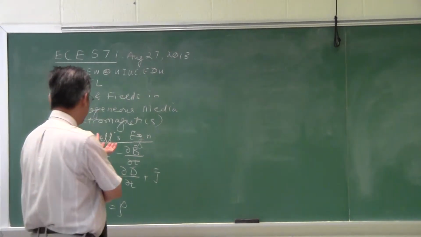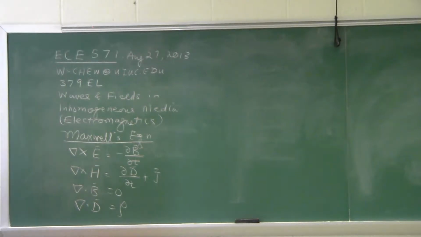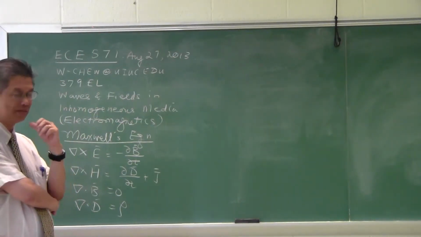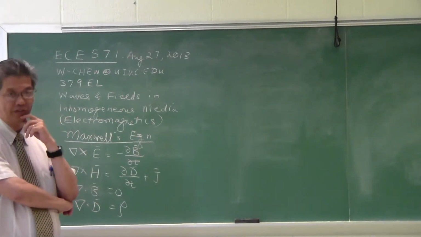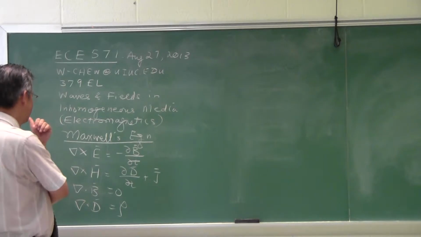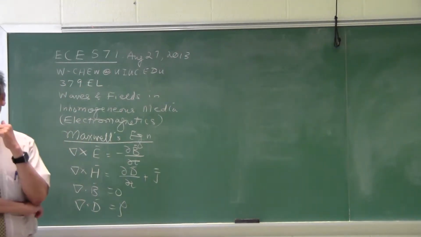And these four equations are classical. But if you go to the quantum version, if you study quantum electrodynamics, these are the four equations that are important as well. So you can think of these four equations as being important classically as well as quantum mechanically.